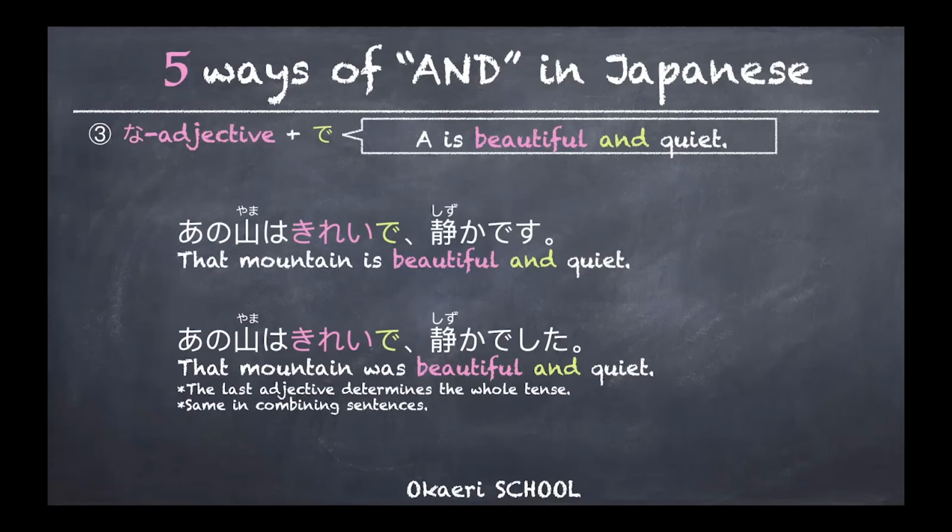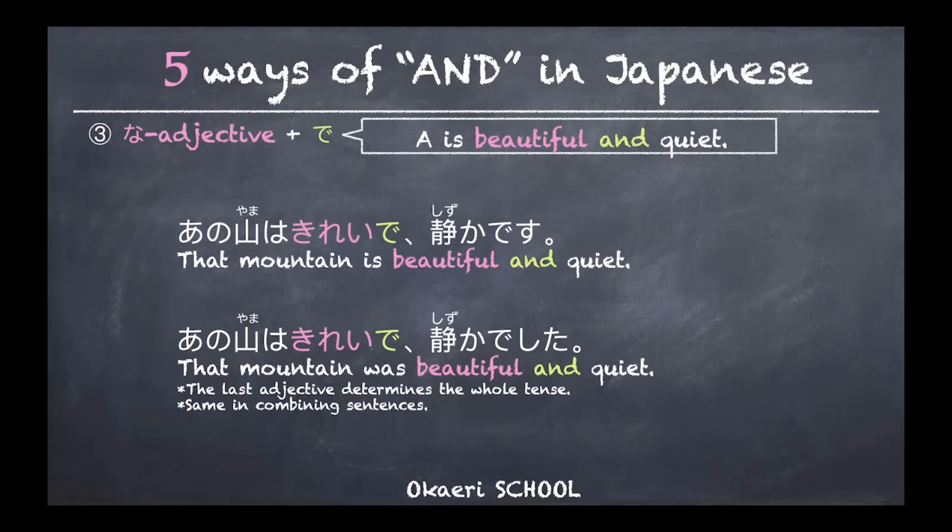It will be あの山はきれいで静かです。But when you have a look at the next example, あの山はきれいで静かでした。You might know about this grammar, but this is past tense. That mountain was beautiful and quiet.